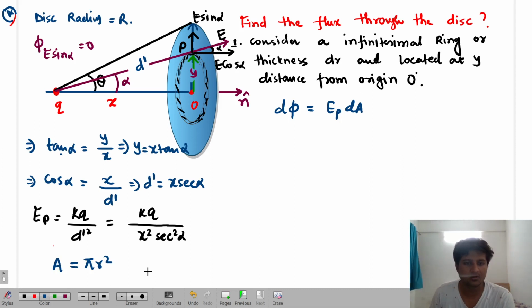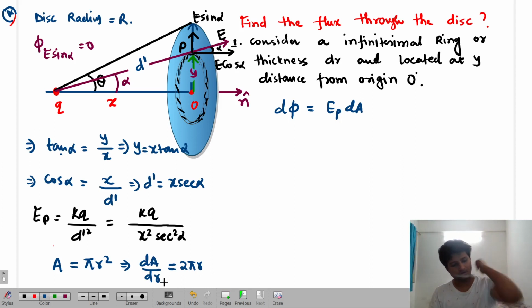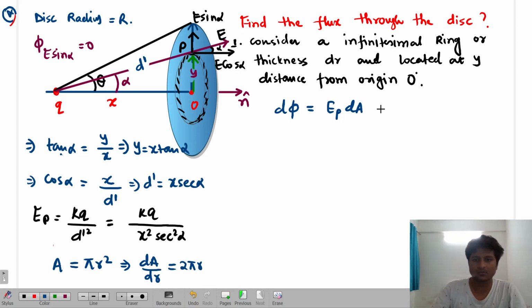And that area is varying with respect to radius, so I need to differentiate with respect to radius. So I need to calculate dA by dr. That will be 2 pi r, isn't it? So dA is 2 pi r into dr. Got it or not? So that is the electric field at point P into 2 pi r into dr. Got the idea?